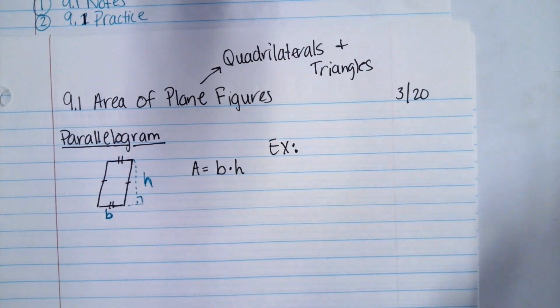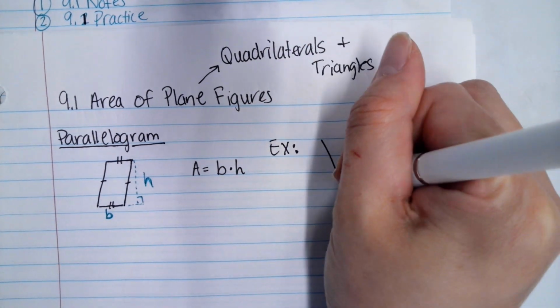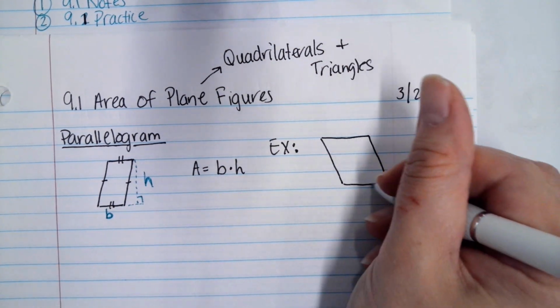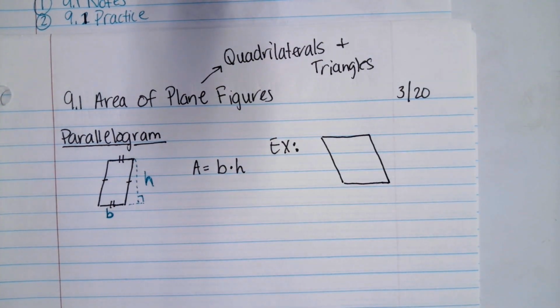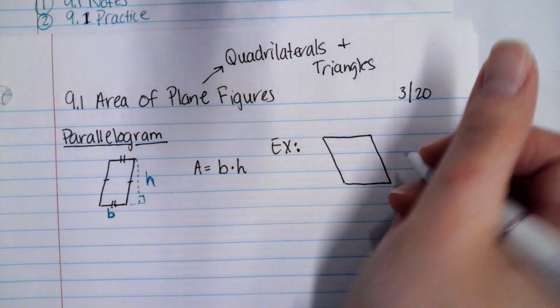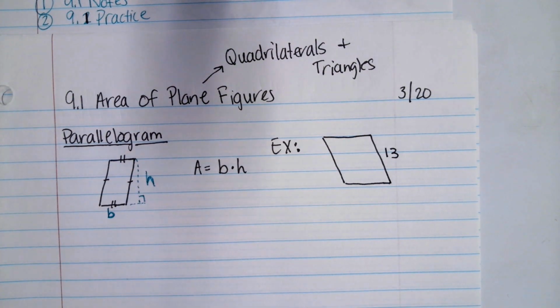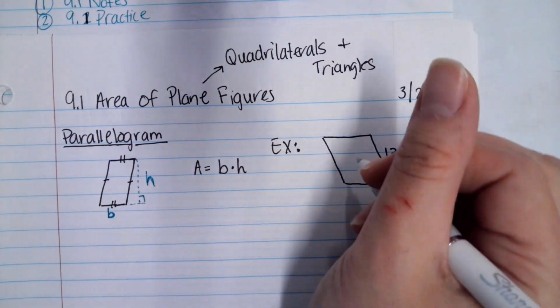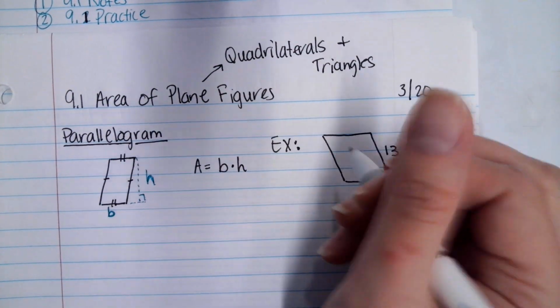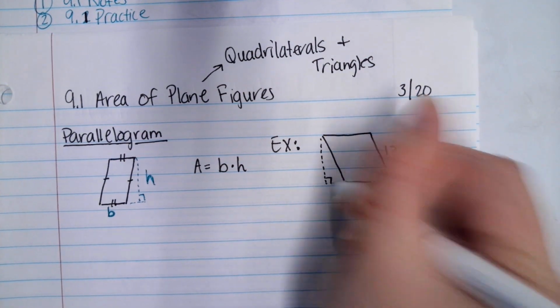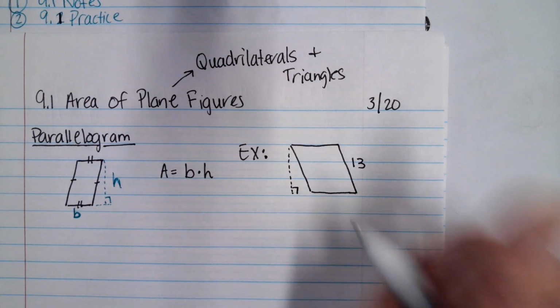So let's go ahead and do an example. Go ahead and make another parallelogram. For this one, I'm going to say this guy is 13. I'm going to drop down a little doohickey right here.